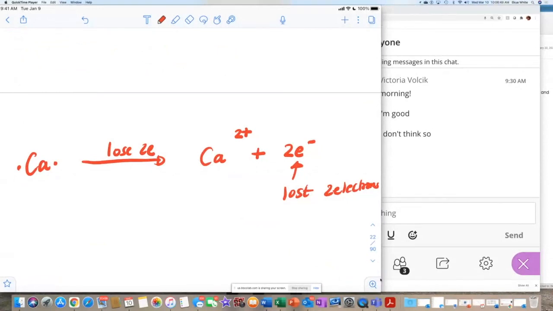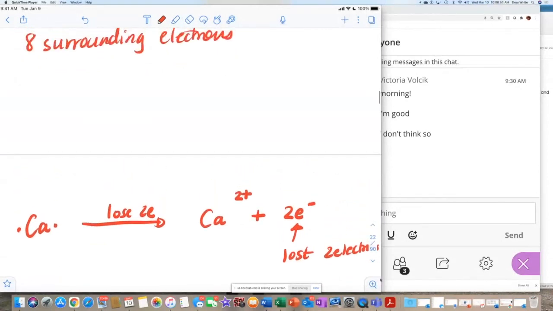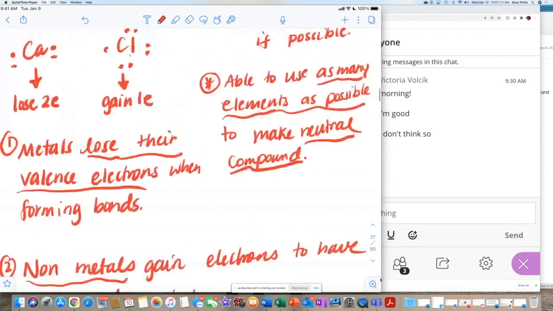This is where I was telling you guys earlier that having Bohr's model kind of helps us. So I'm going to take a step back and show you those Bohr model energy levels, because it makes it easier to show how losing 2 electrons produces 8 electrons. It took me a while to get this part in school, and I want to resolve things for you right now. Calcium is in what energy level?